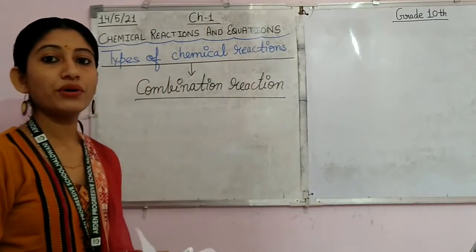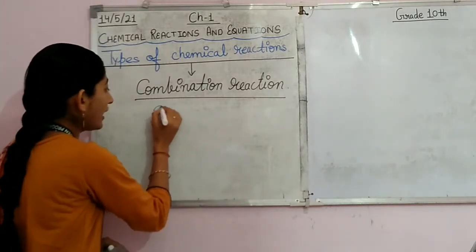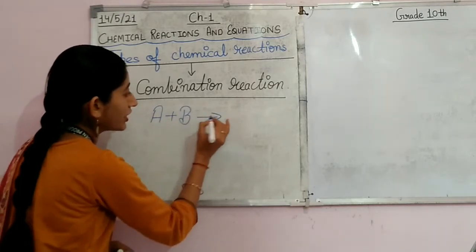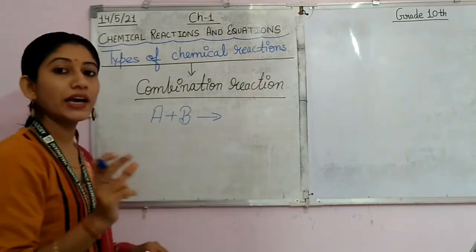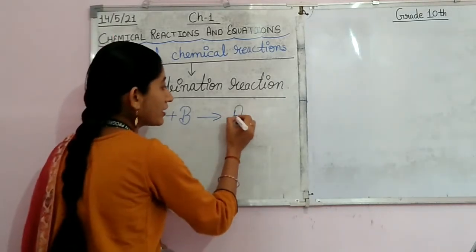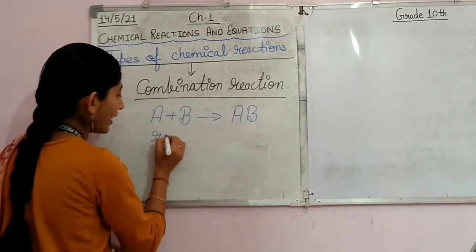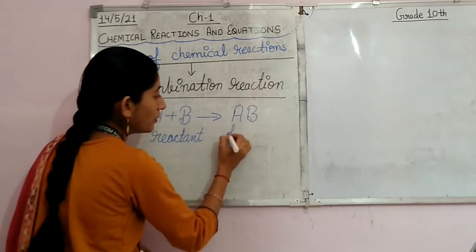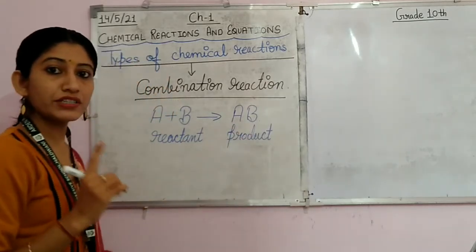Suppose we have taken two reactants, A and B. In the combination reaction, when we combine these two reactants, we get one single product in the form of AB, right? A and B are the reactants and AB is the product. This I have explained in the previous video.